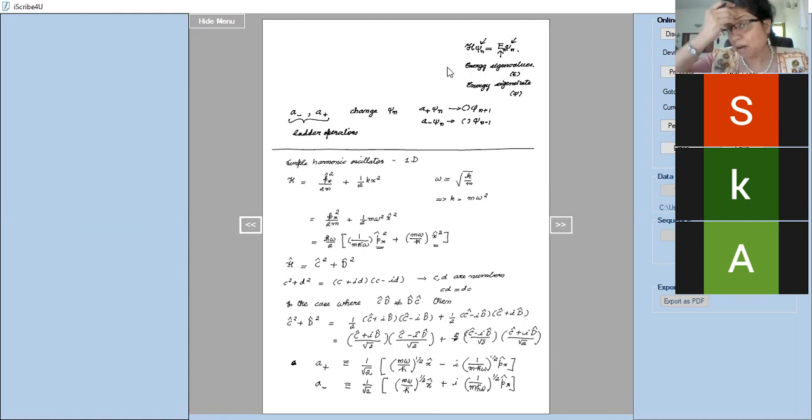Also what you have to realize is that this A minus, since it brings you down, going from n to n minus 1, is called the lowering operator.